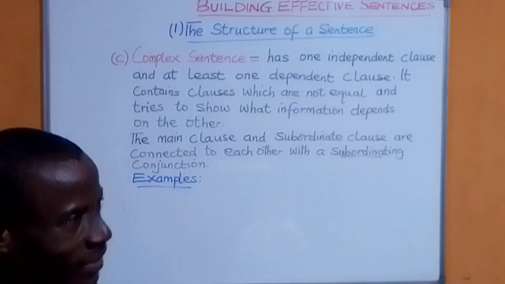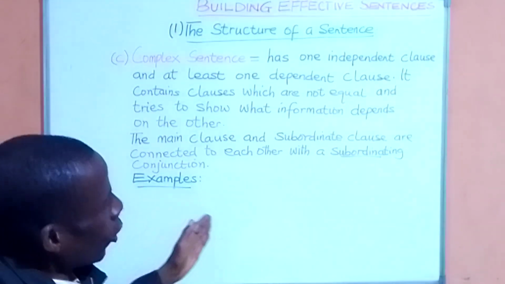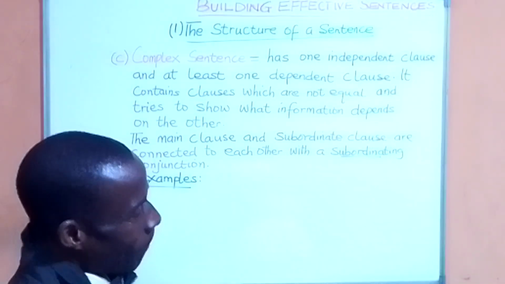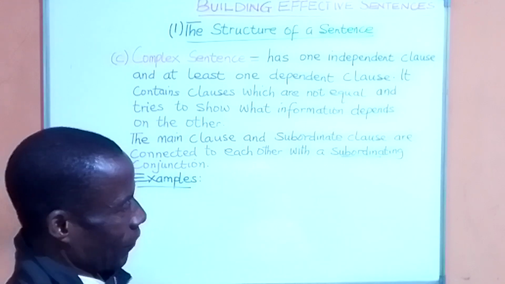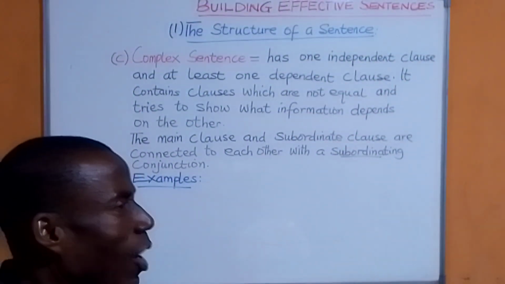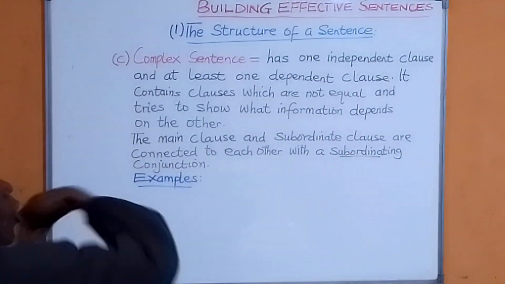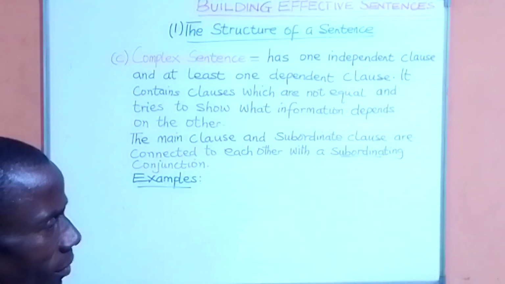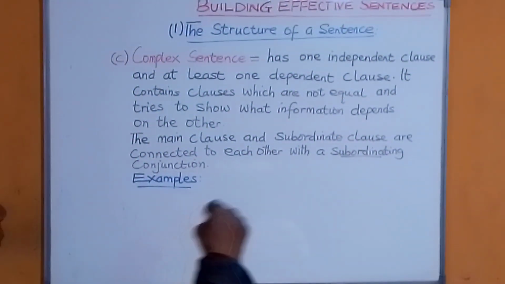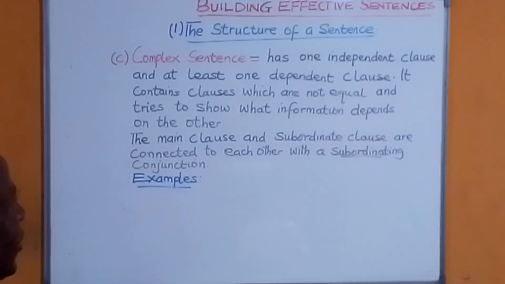One independent, that means you have one clause that is completely independent on itself, and you have another clause that is depending on the first one. In other words, the first one cannot exist without the second one.